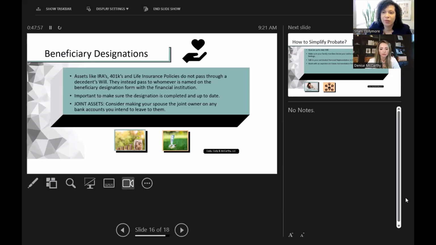But if you do that, at least name a transfer on death designation on the account to be your spouse or whoever, so that everything is set up to go to who you want without having to go through probate. So going through the list of all of your assets is a little bit of a task, but it can save you a lot of time in the future, not having to probate your will.